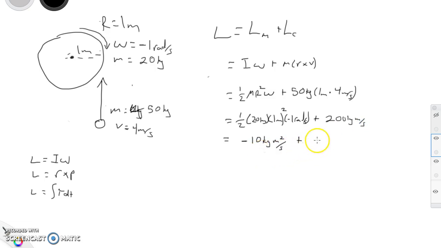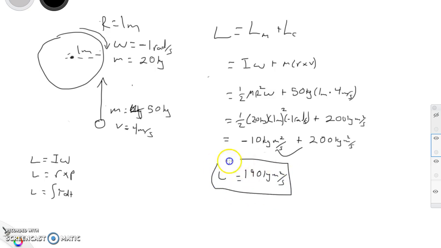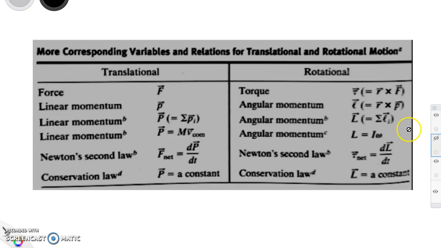So negative 10 plus 200 kilogram meters squared per second. We add those together and we get 190 kilogram meters squared per second for our angular momentum of this system here.